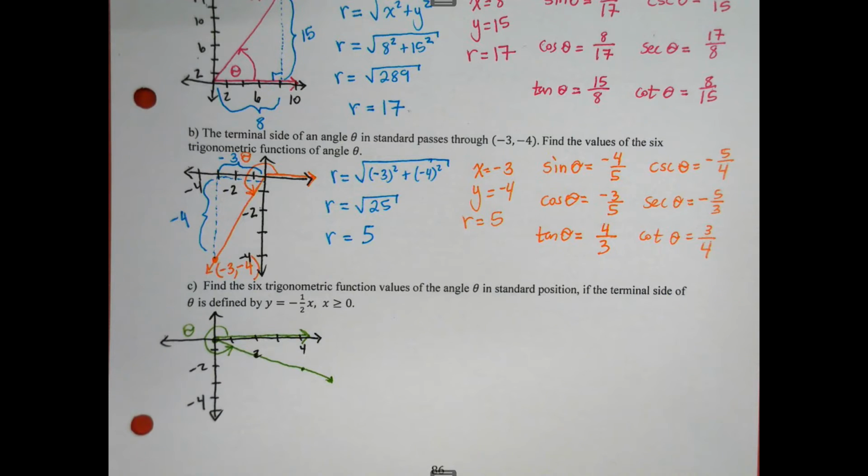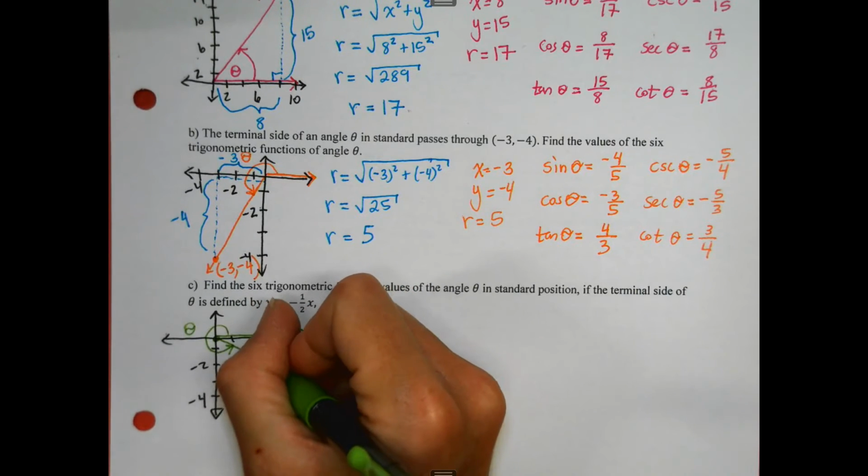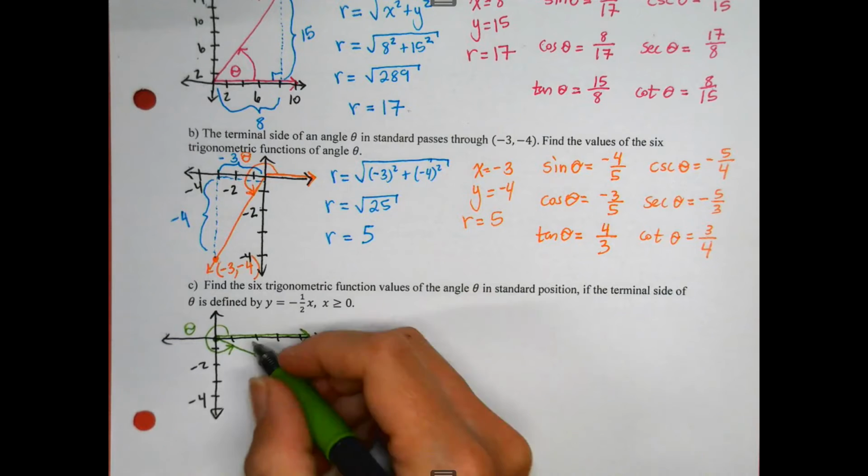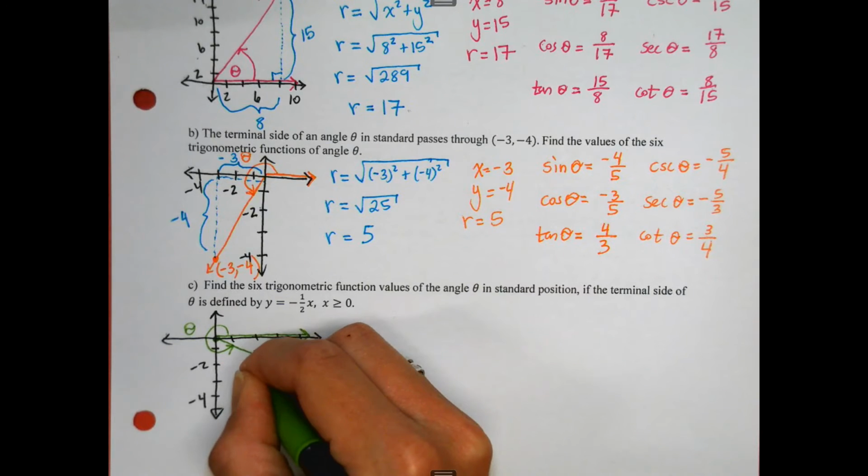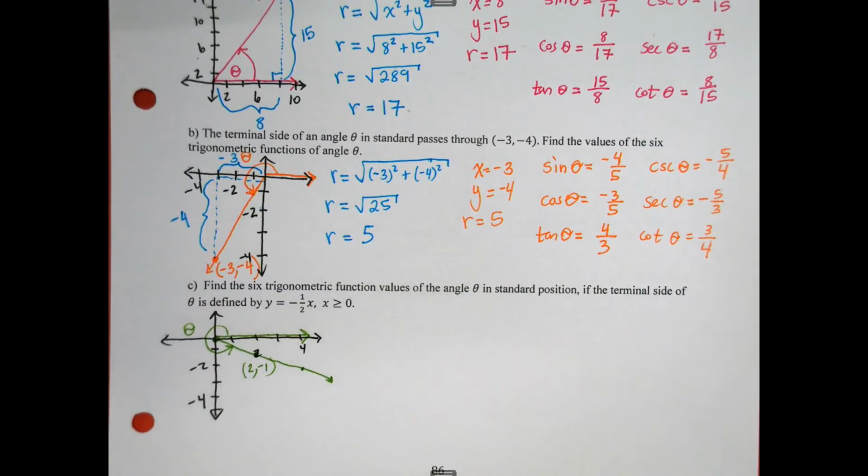I am going to choose to use this point at 2, -1. I like those numbers. They're relatively easy to use. Obviously, the only one we can't use is 0, 0 on this line because that is the vertex for our angle. You could also use 4, -2. You could use 3, -1.5, or 1, -1/2. It's up to you.